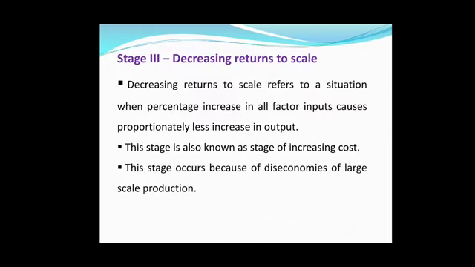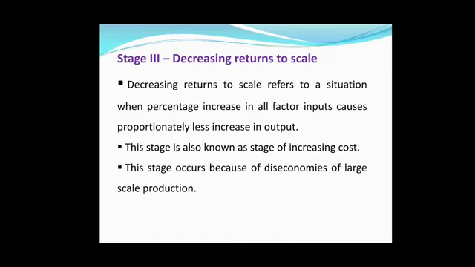Now coming to the third important stage of the law of returns to scale, and this is the final stage, which is decreasing returns to scale. Dear students, decreasing returns to scale refers to a situation when a percentage increase in all factor inputs causes a proportionately less increase in output.